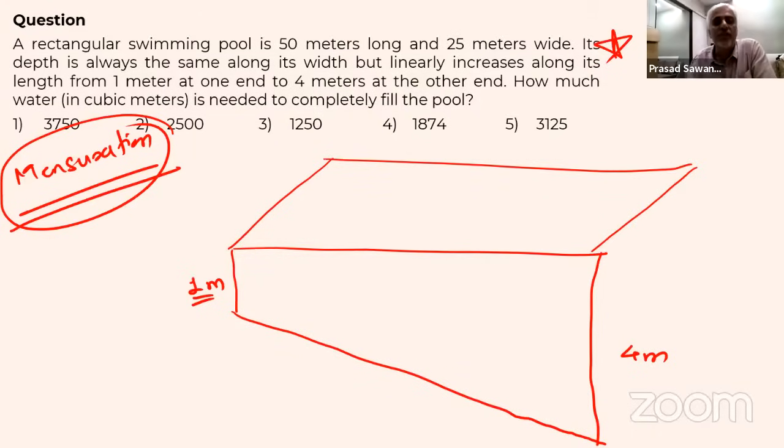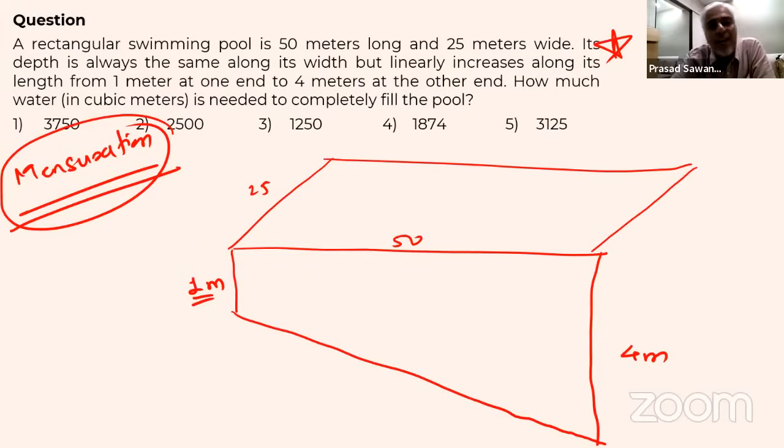Okay, pay attention carefully. Suppose this is 25 and this is 50. Question is, how much water is there in the pool? How much water would be there in the pool if everything was at the same depth? It would be a cuboid. It would be length into breadth into height, right?